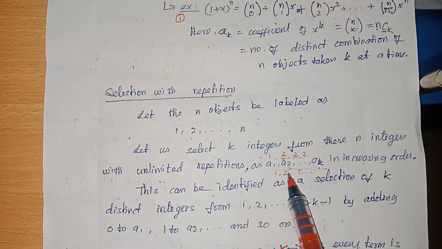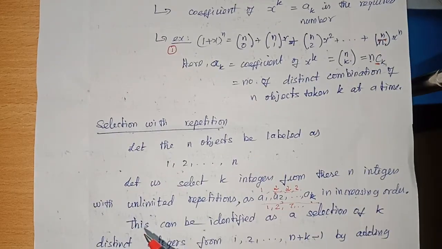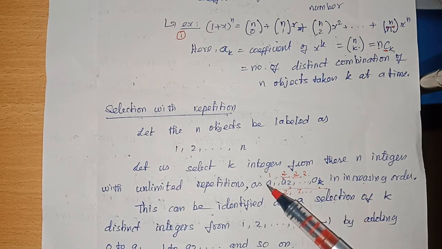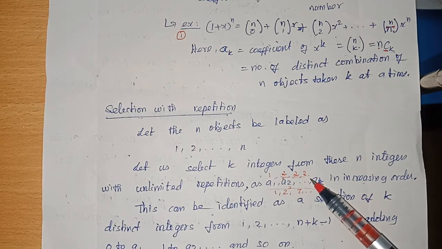So in this case, I cannot apply this nCk. So what do I have to do? What I am going to do is convert these numbers into different numbers. Actually 2, 2, 2 are repeated numbers. They are same. They are not different.